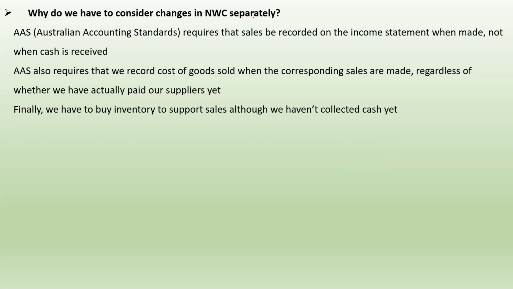But sometimes we do not pay our suppliers yet, and sometimes we buy inventory to support sales though we haven't collected cash yet. Those we have to put in our income statement, but we do not have cash outflows or haven't received cash inflows. So we need to factor in those items to calculate the cash flows, not the accounting numbers.